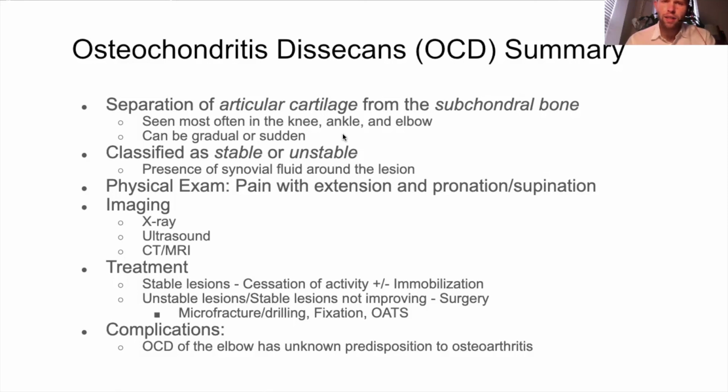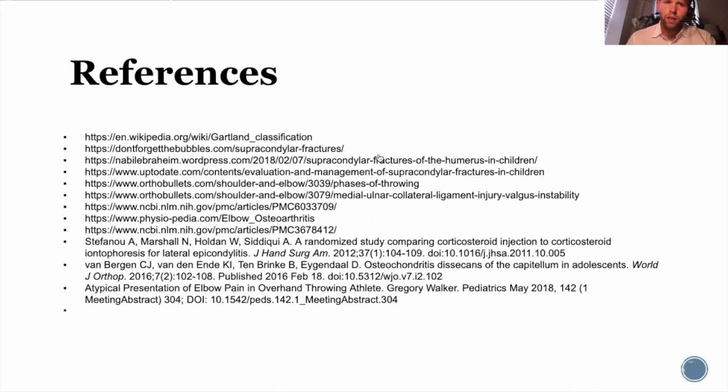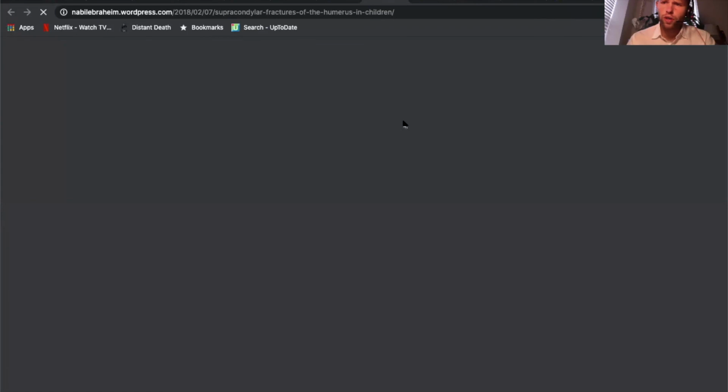And thus far, the medical literature does not support a known predisposition to osteoarthritis. It may still be shown to predispose people to it, though we have not seen that yet. Again, these are our references, and this will do it for our journey through the fundamentals of sports medicine today.